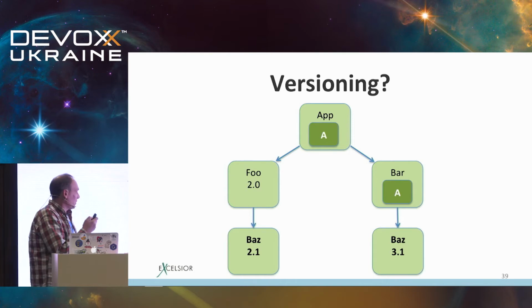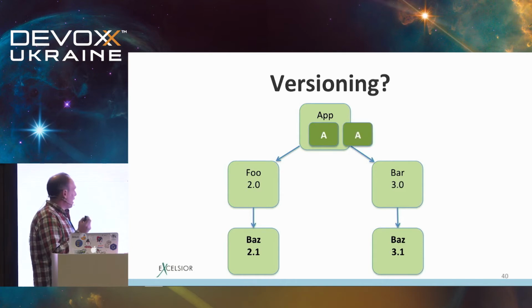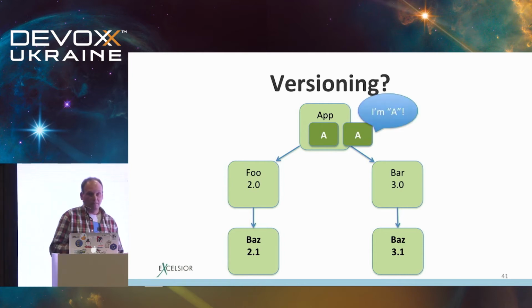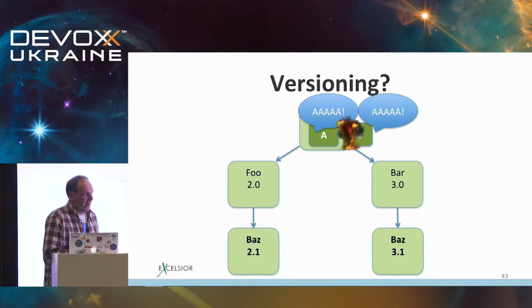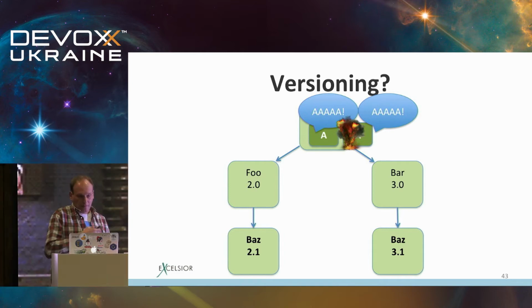And the same holds for the second class A. And now we can watch the following dialogue between them. The first class says, "I'm A." The other replies, "No, I'm A." And everything blows up, of course. It can be demonstrated by the following.